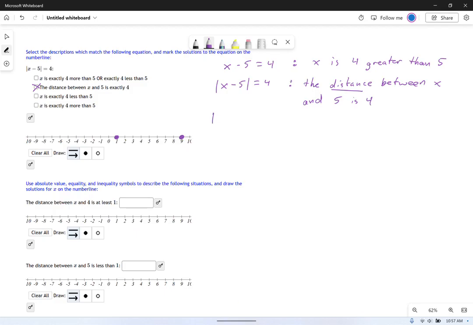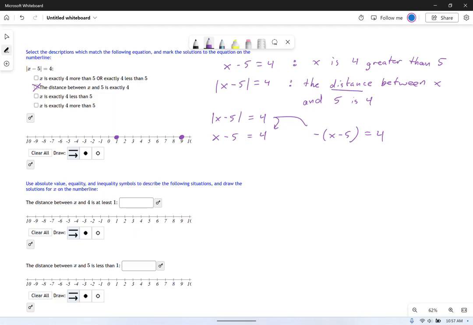When you see an equation like this, x minus 5 absolute value equals 4, you have to realize there's two possibilities here. One possibility is this, x minus 5 equals 4. Another possibility is this, negative x minus 5 equals 4. And that negative sign is what gets squashed when you take the absolute value of it. So it could have been either one of these things, right?